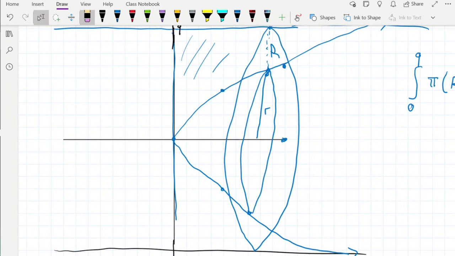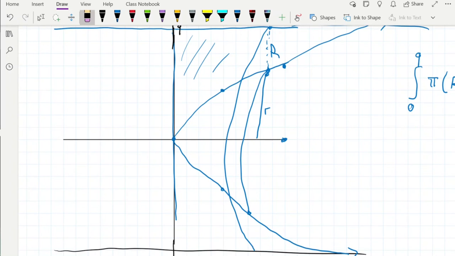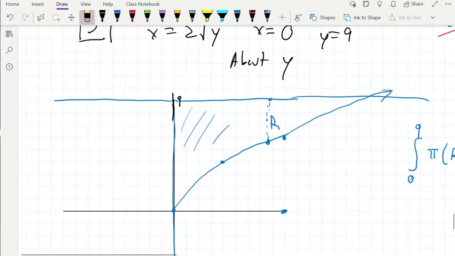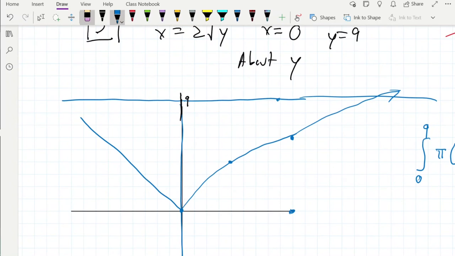Oh, wait, this is about the y-axis. Oh, I see what I did wrong. Because that looks like it was for dx. So it's going to instead look like this on the other side. So we're having to find from here to here. So this is just going to be a disk.